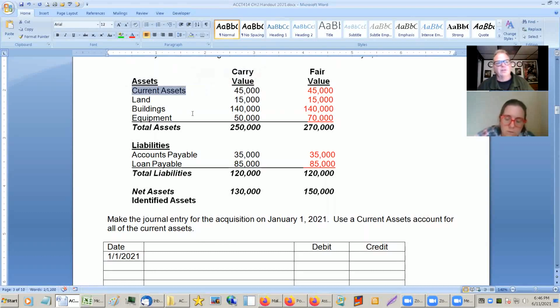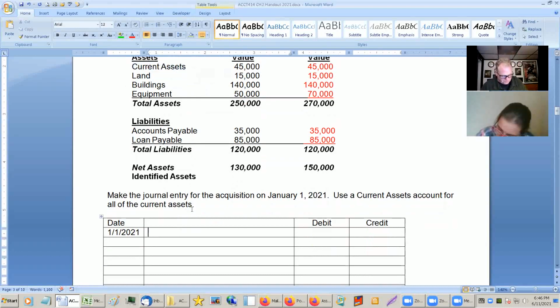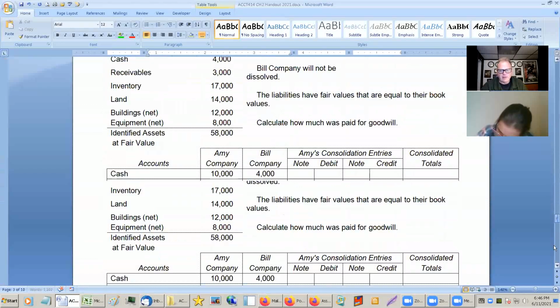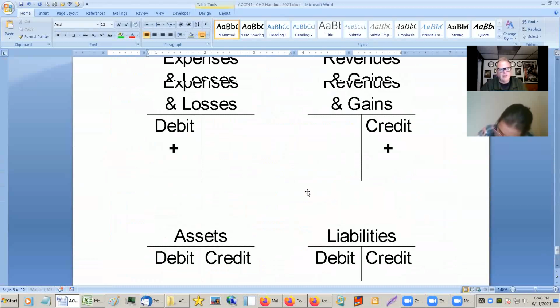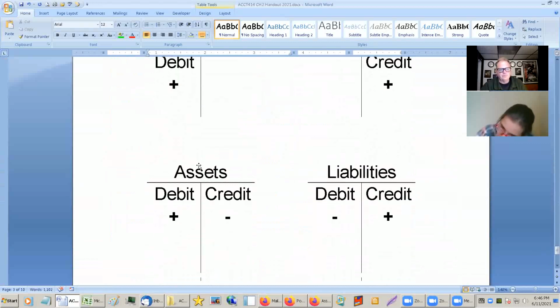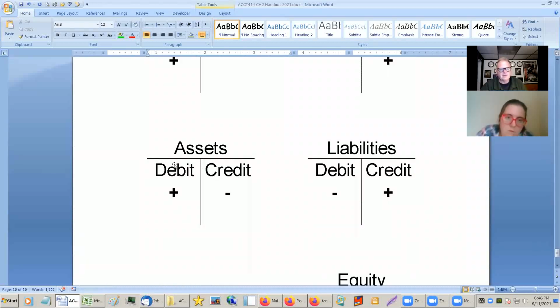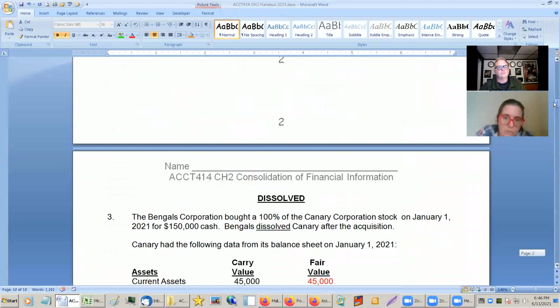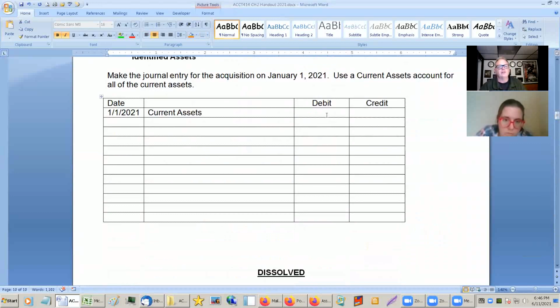So, okay, I'm going to put these on the books. So the assets are all going to be debits, and the liability will be credits.